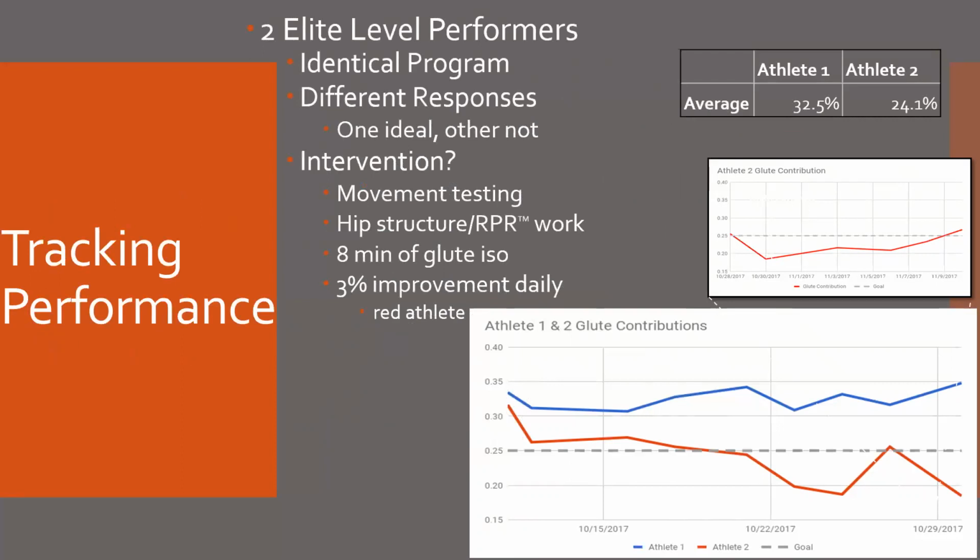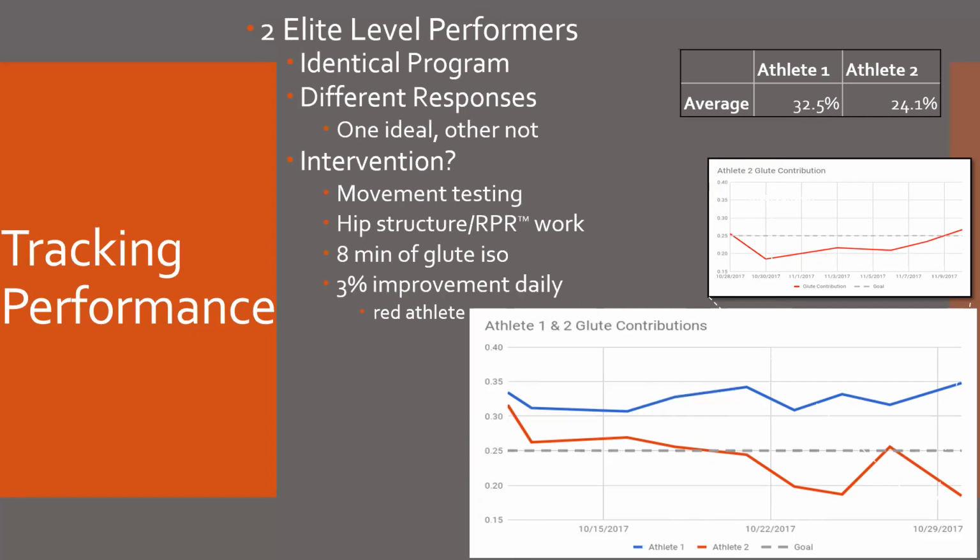These 2 athletes completed identical programming, but they had different responses. Obviously, the blue is ideal and the red is not. So for the intervention that we took with the athlete in the red, we did some movement testing. First we decided to see, all right, what movements are they seeing glute function in? What are they not? And then we did a series of testing protocols within that to determine what gave us the most bang for our buck.